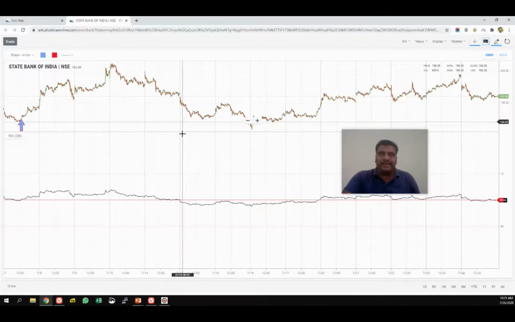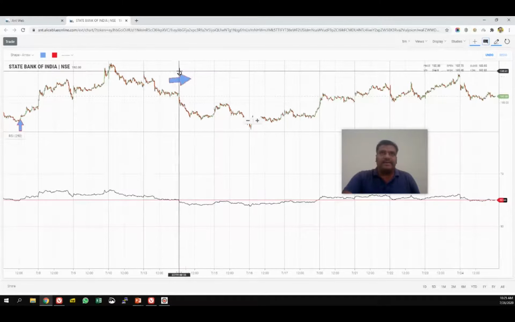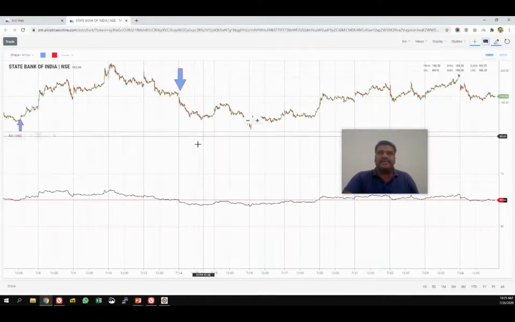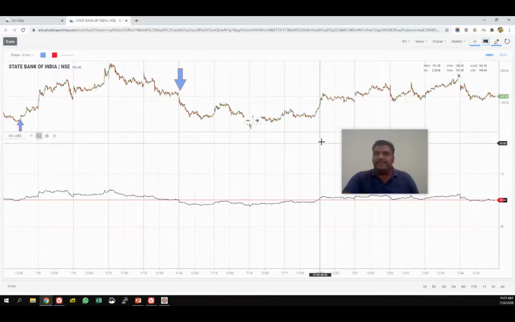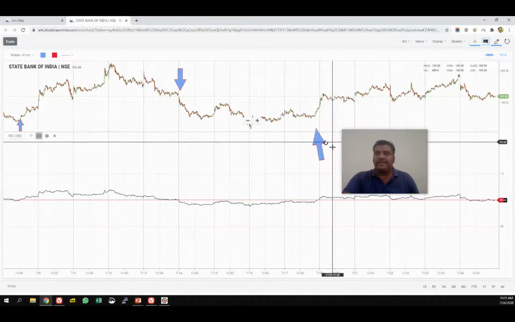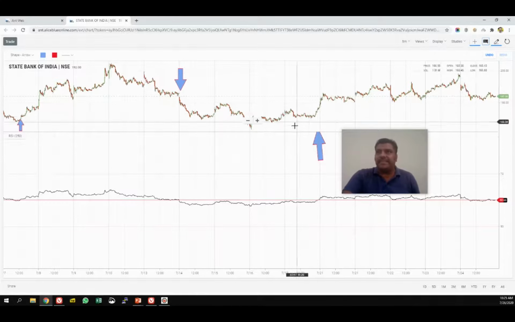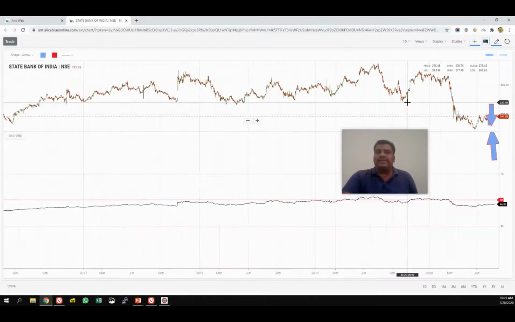And again here, if you are selling here, it's a sell signal. If you are entering here, it's a buy signal. This way, you can identify in the long run how the market trend is.